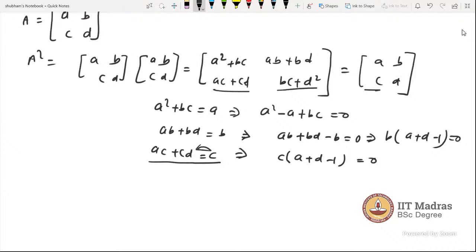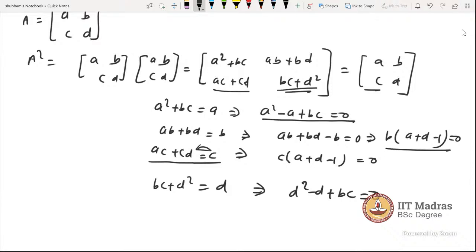And this says BC plus D square is equal to D, which you can again take to this side, and this is equal to 0. Now we have these four equations, and from these four equations we have to find the entries. We have to find the entries which satisfy these conditions. Then it will happen, right?